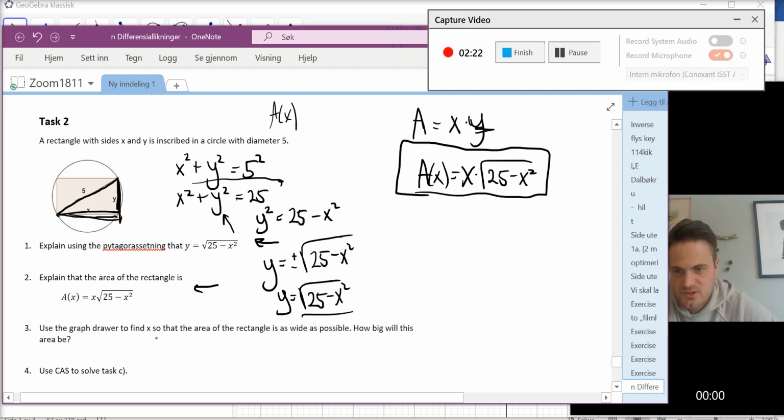It says to use the graph tool to find x when the area of the rectangle is as large as possible. This is Google Translate. How big will this area be?